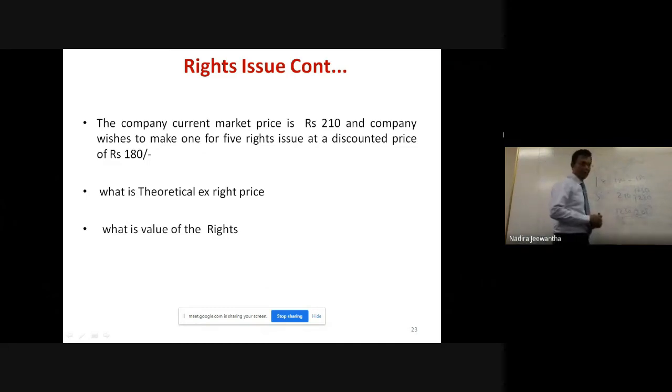How do you find the value? The examiner has not tested this question. Now, the right issue price is how much? 180.